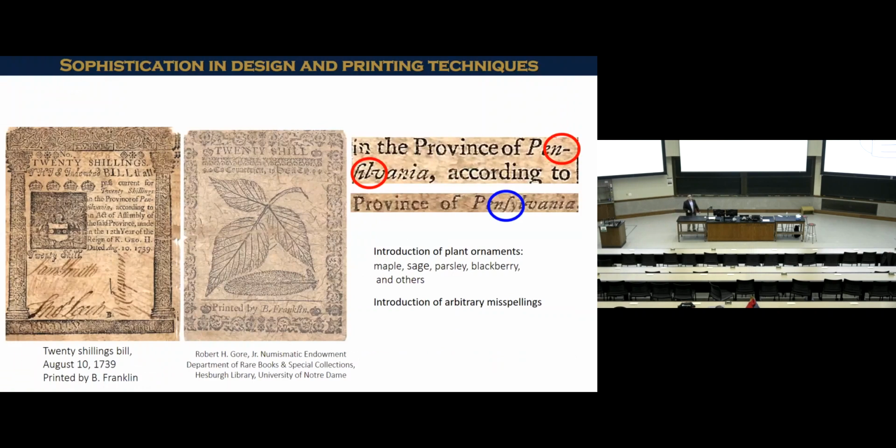So when he started to print paper money in 1732, the first emission of Pennsylvania currency, the first emission was faked a lot. And then he started to think about ways that he could combat counterfeiting. One solution was to print these leaf structures.